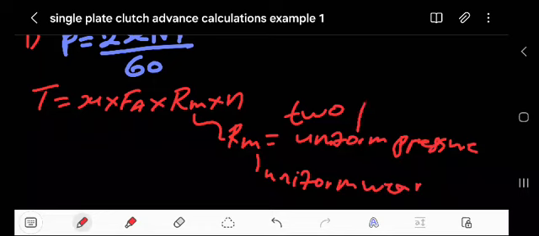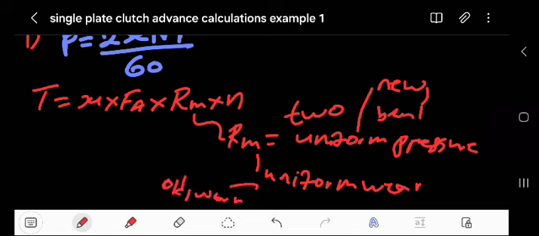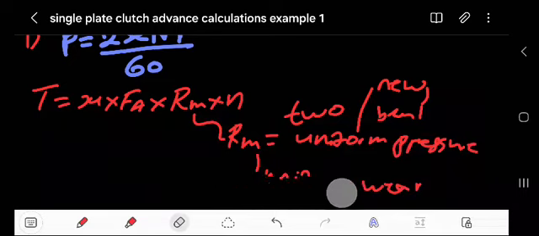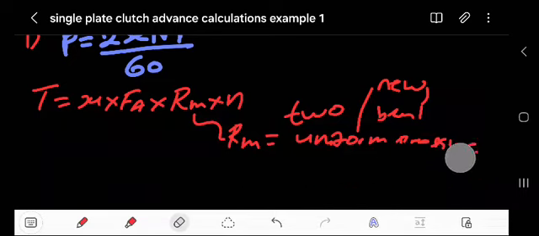Uniform pressure is for when we are dealing with new clutches, brand new clutches that are not used, whereas uniform wear is for old clutches, worn, second hand clutches.